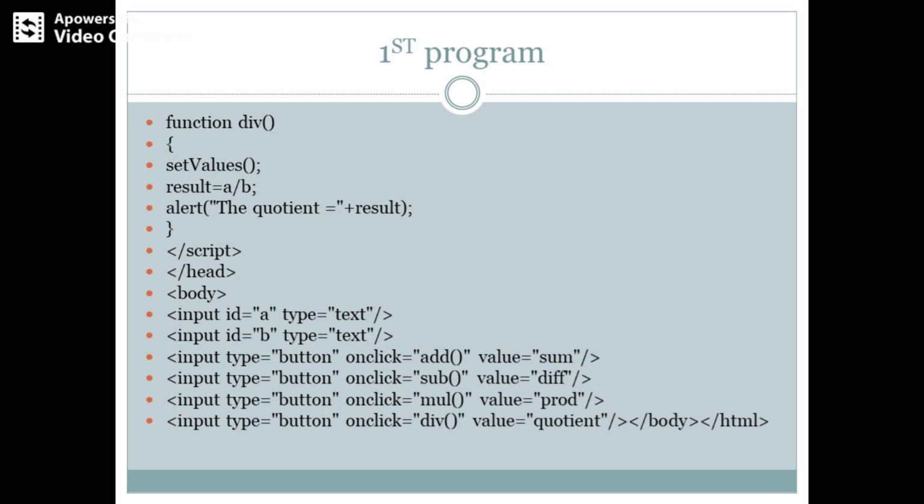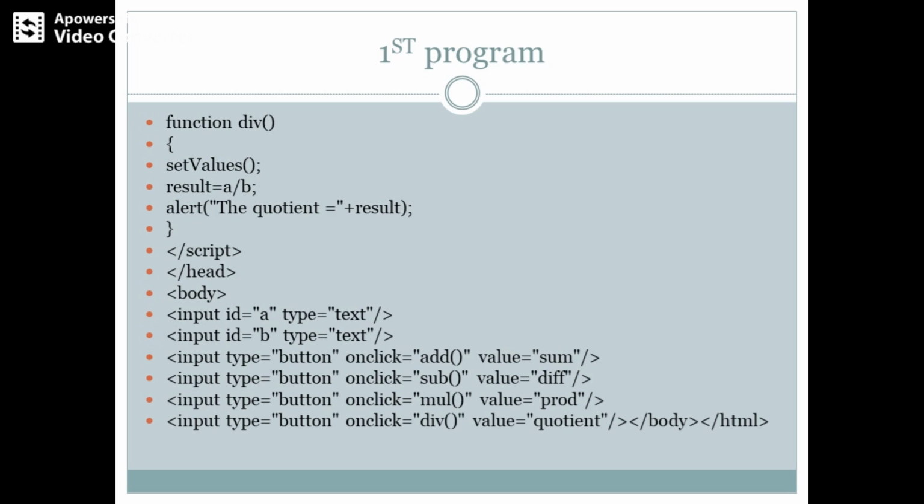So you can observe here, whatever input that you take is taken as a string or it is taken as a text. Therefore you have got number function which is required to convert that string into a number. So input id equals a, type is equal to text. So you have got two labels created now, a and b, and their input type is text.